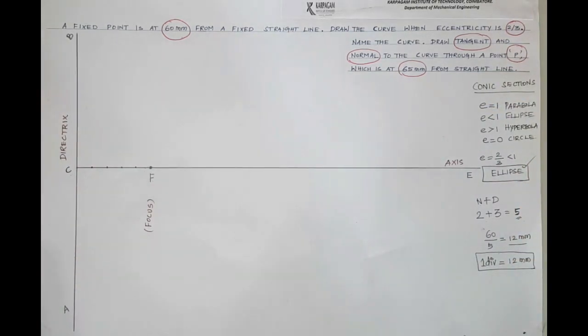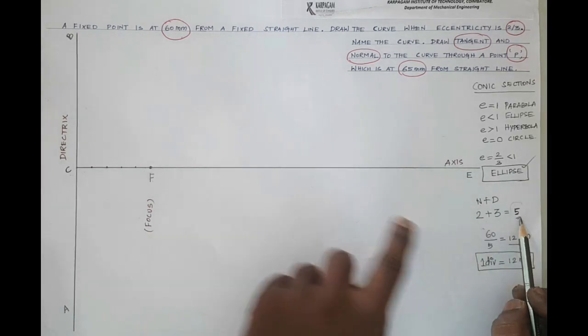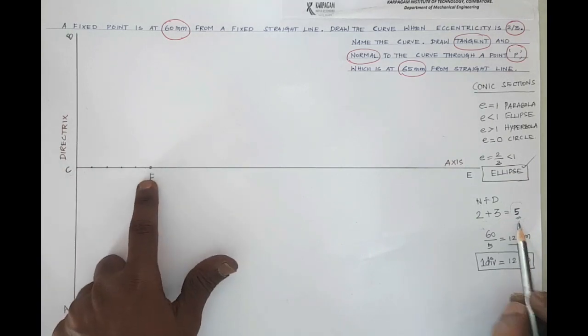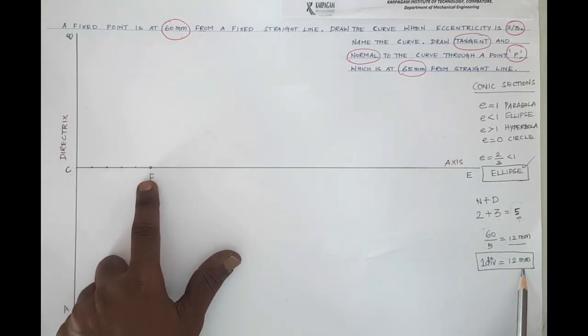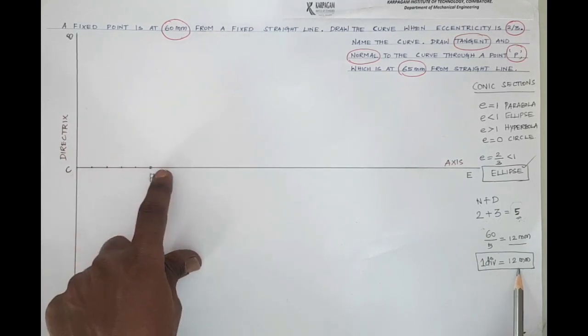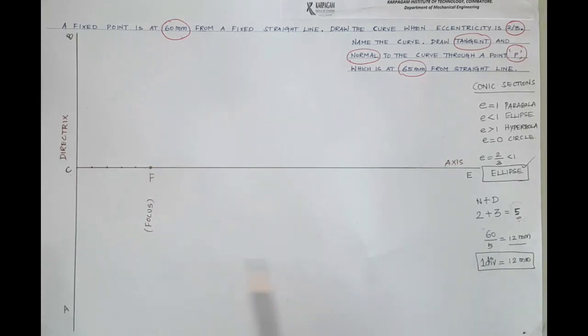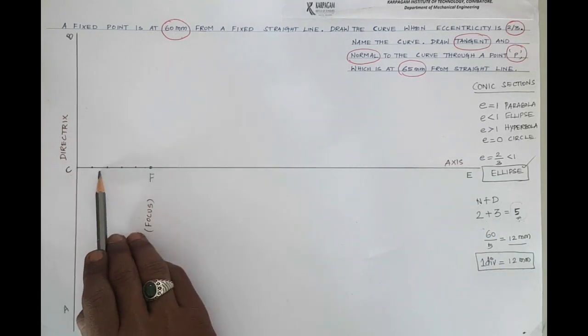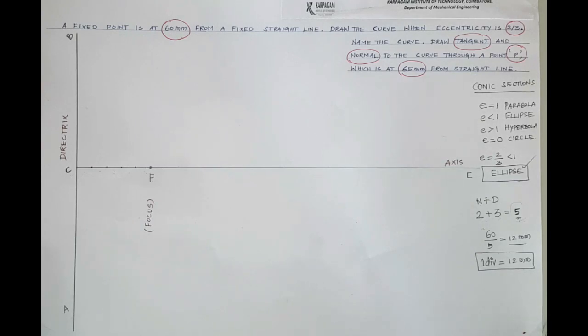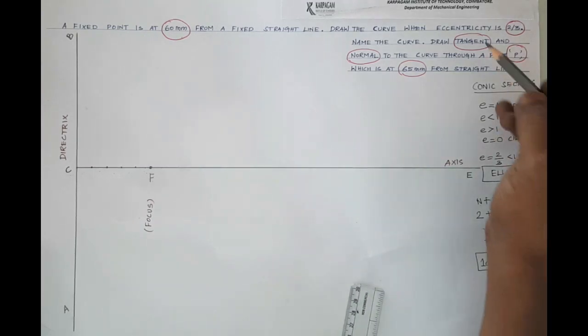Whatever the numerator and denominator may be, add them, and you will get some sum value, and this value can be used for dividing this C and F distance. Then you will get one division length. Use this one division length to divide the C to F distance. Then finally check it. I want to divide it into 5 equal parts. So first part, second part, third part, fourth part, fifth part. Successfully I have divided.